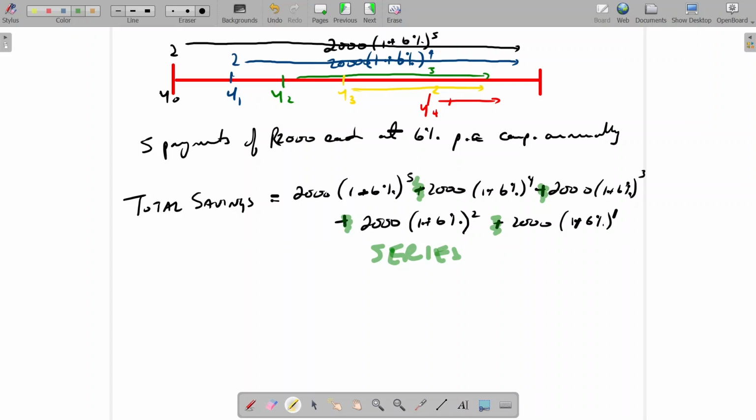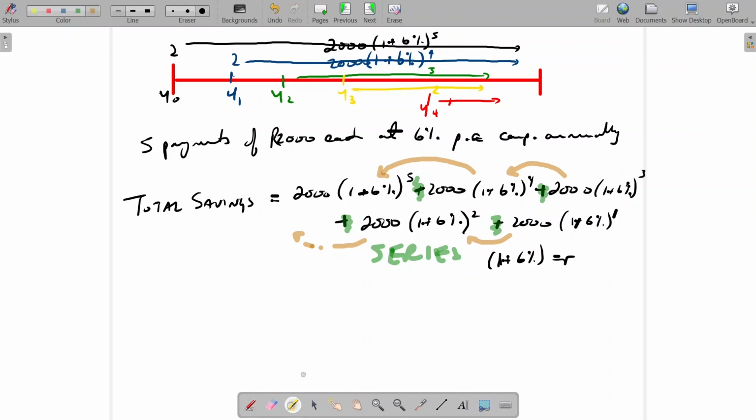And hopefully you can see that each term, okay, each term is actually simply a multiplication of, because of the powers, it is simply got an R value of 1 plus 6% would be my R value.